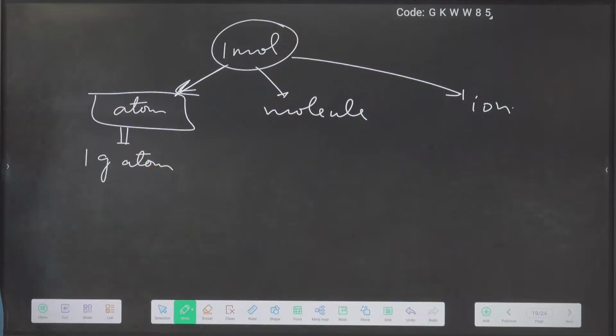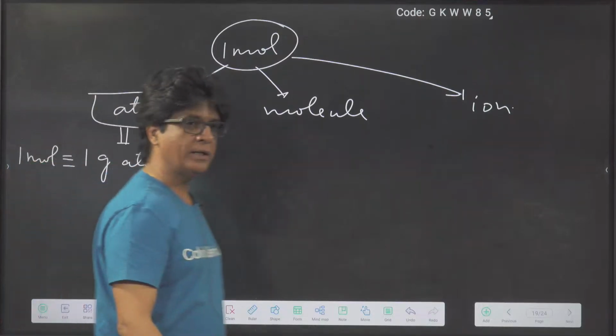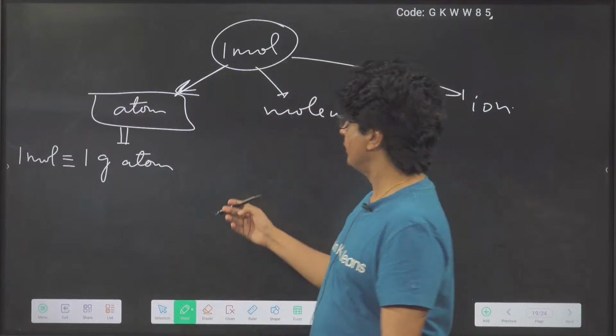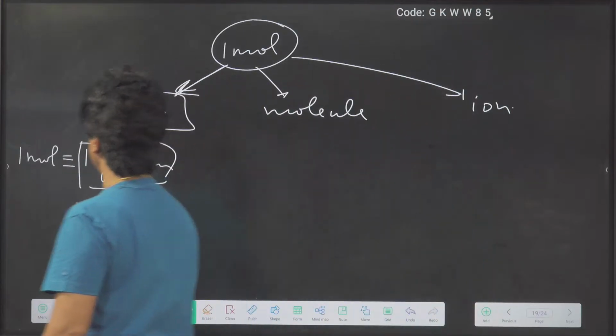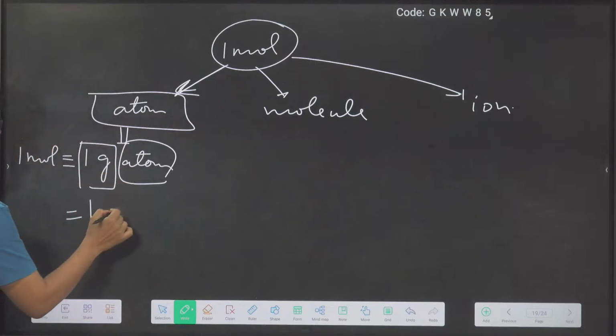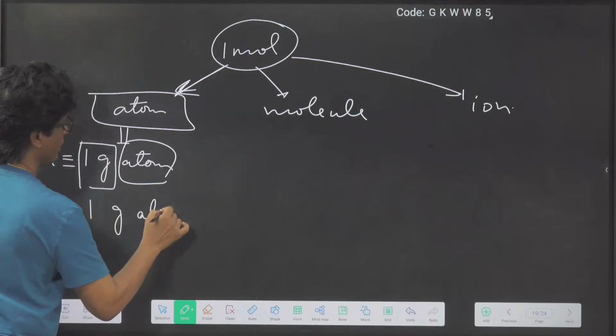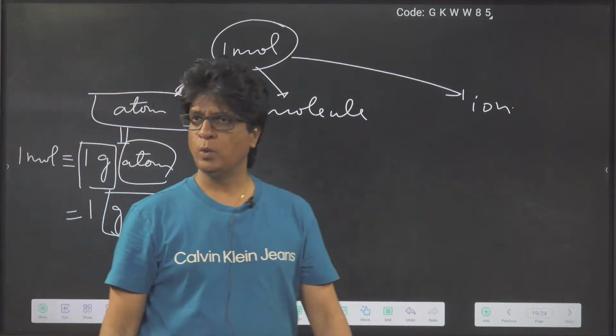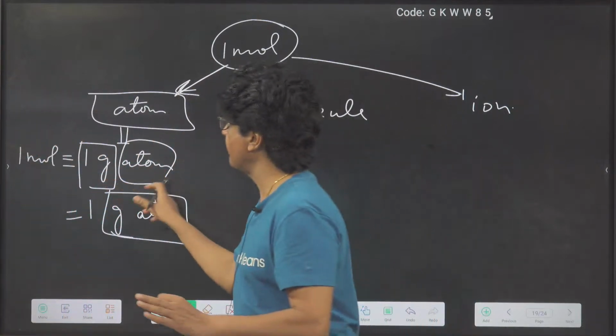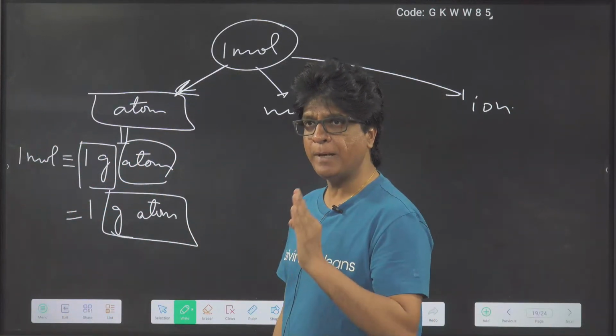So 1 mole is equivalent to 1 gram atom. This is the phrase gram atom. It is not 1 gram of atom. It is 1 gram atom, right?